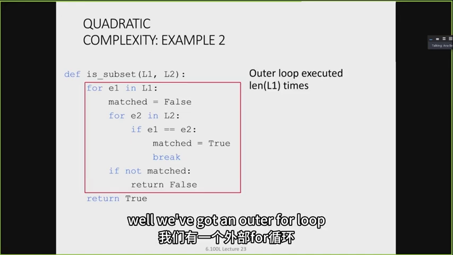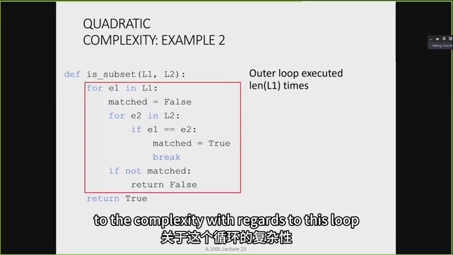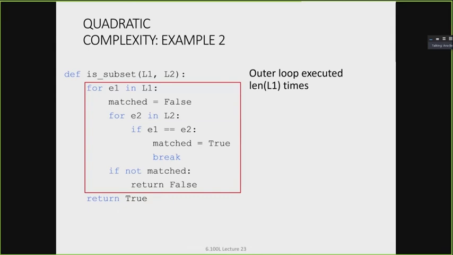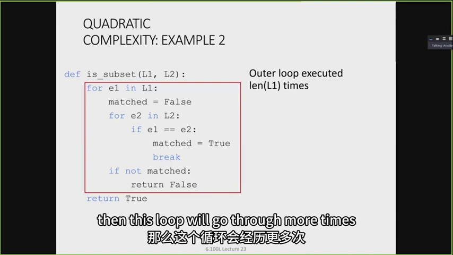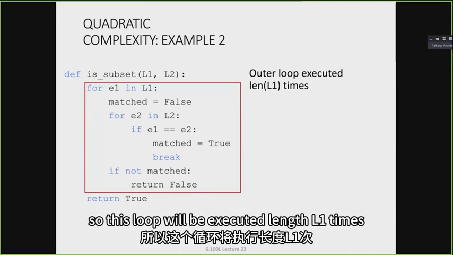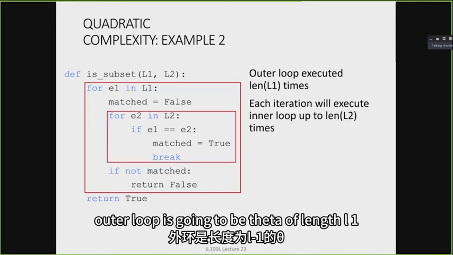Well, we've got an outer for loop, right? So what happens to the complexity with regards to this loop? Well, if I have more elements in L1, then this loop will go through more times. So this loop will be executed length L1 times. So the theta for this outer loop is going to be theta of length L1.